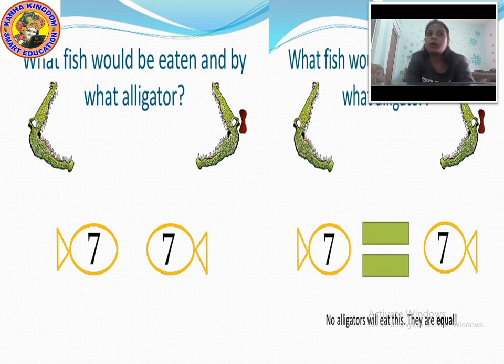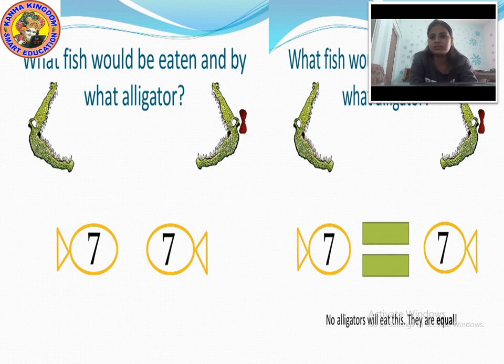Now let's see in this one which alligator will eat. Both are number 7. Which alligator will eat this number?